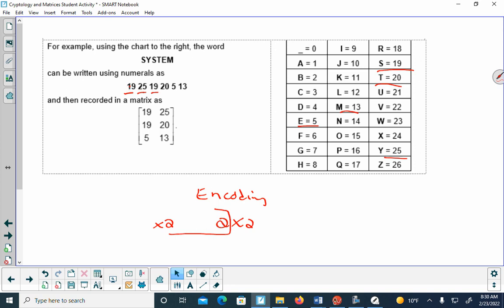Since I have 6 letters, I'm going to do a 3x2, and that way I can multiply, and my answer will be a 3x2. Notice that you go 19, 25, 19, 20, 5, 13, in that order, and you have to go in that order. That's why I wrote it as a 3x2.